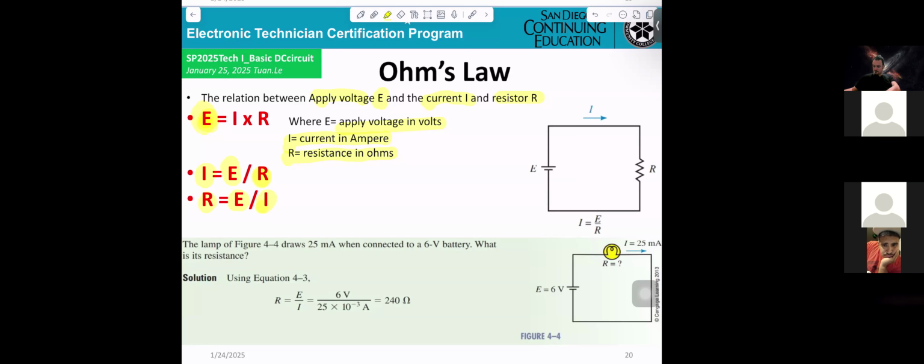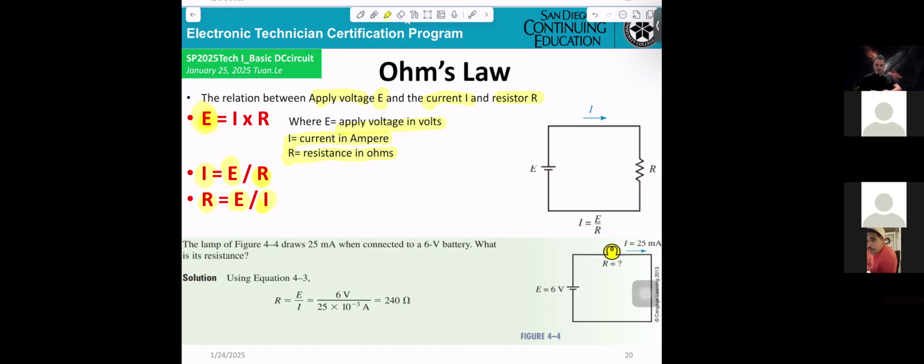Now, a lamp draws 25 milliamp when connected to a 6-volt battery. What is the resistance?